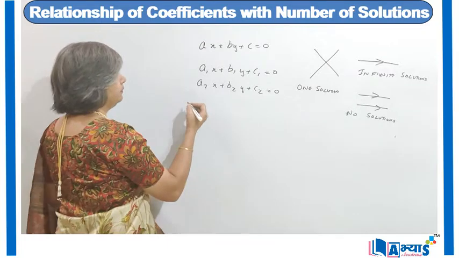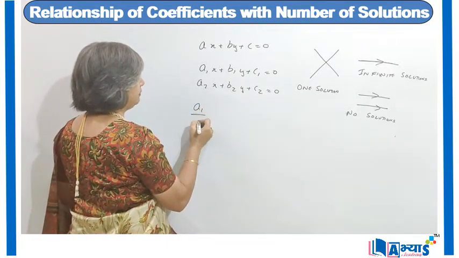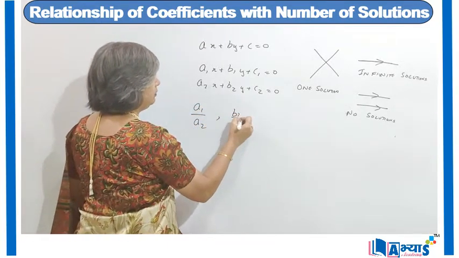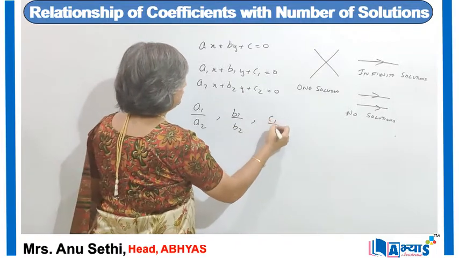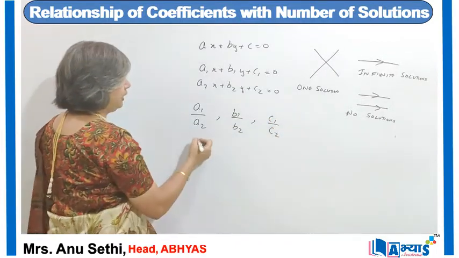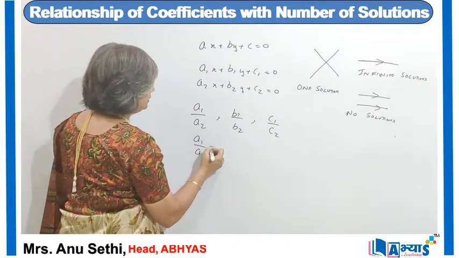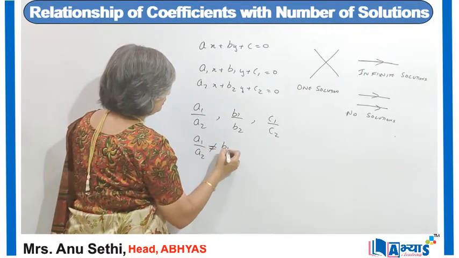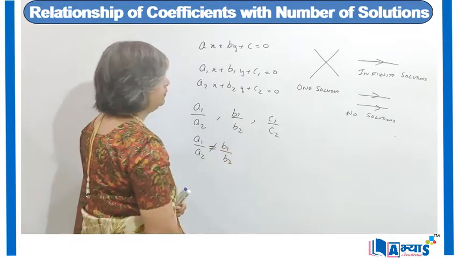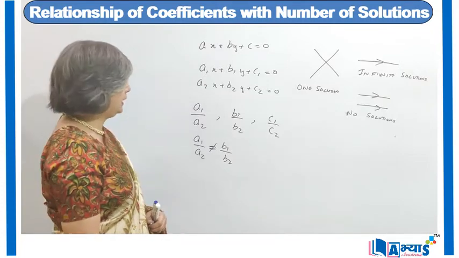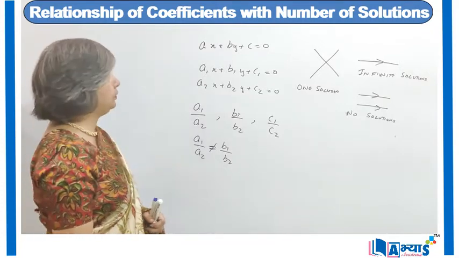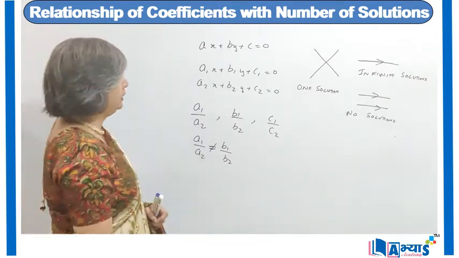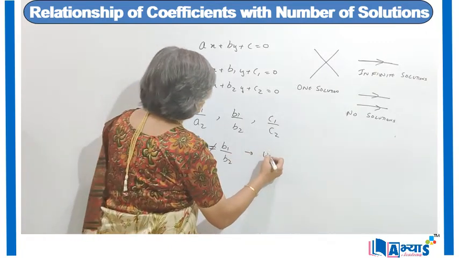Let us take the ratio of the coefficients, that means a1 upon a2, then b1 upon b2, and then c1 upon c2. If a1 upon a2 is not equal to b1 upon b2, that means the ratio of the coefficients of x is not equal to the ratio of the coefficients of y, so they will have a unique solution.